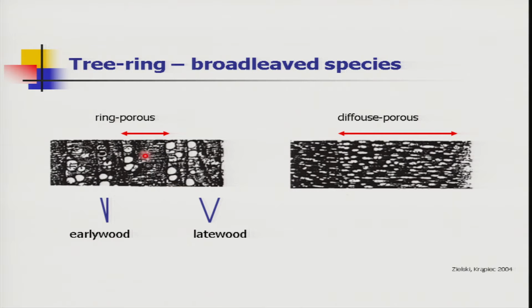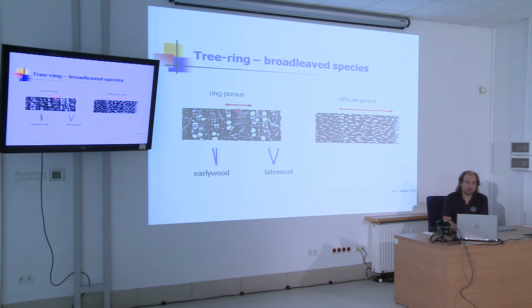And then there are also packed structures of late wood. But we can distinguish more or less easily one single tree ring, indicated here with the red arrow. But we also have diffuse porous species.